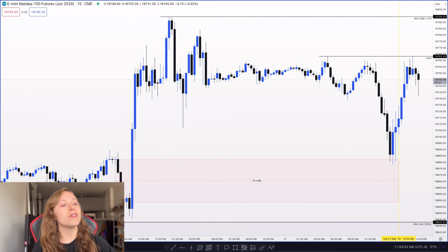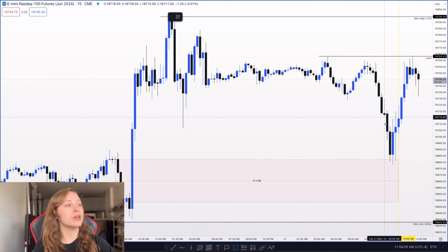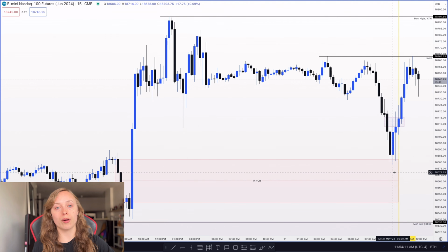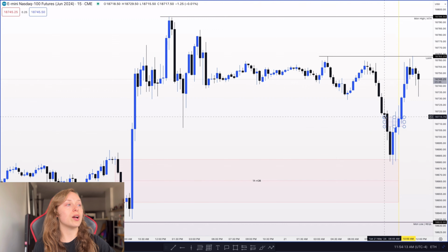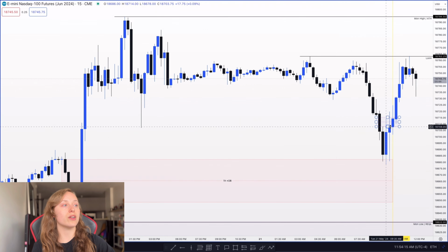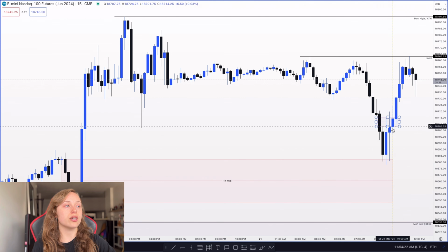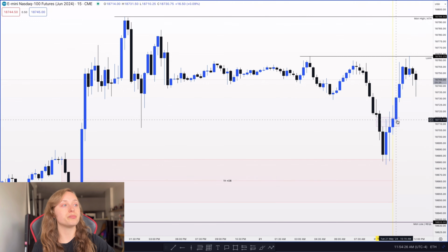On the 15-minute time frame, I was watching both of these higher time frame macros. Essentially, we had that higher time frame 1 hour order block, but I also found this 15-minute fair value gap that we can see the market was respecting. We weren't closing above it, and we were trading inside of this 15-minute fair value gap.